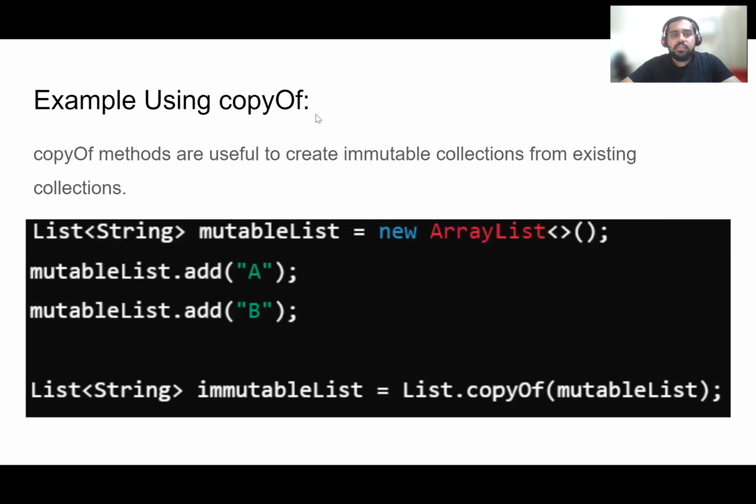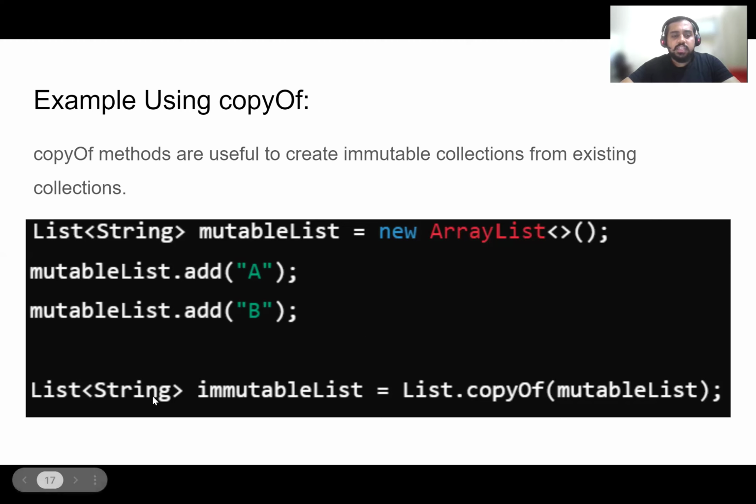So let's see the use of copyOf. The copyOf methods are useful to create an immutable collection from an existing collection. Suppose I have a new ArrayList, a list type of collection, where I added these two values, A and B. This is a mutable collection, and I just want to make it immutable.